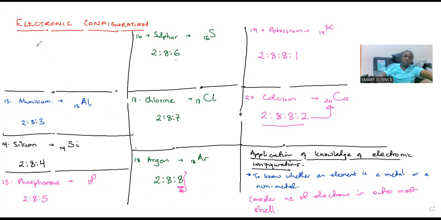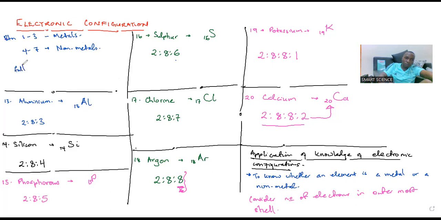And what we are going to consider: if the number of electrons in the outermost shell is between 1 to 3, those are going to be called metals. Between 4 to 7, we are going to call them non-metals.